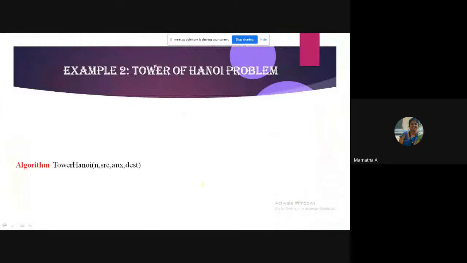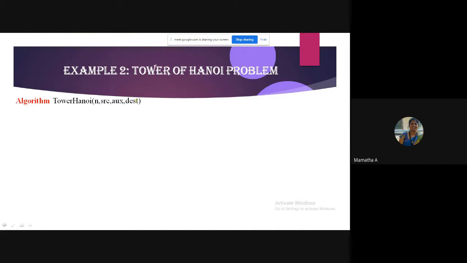Now moving on to the algorithm. I have written it taking 4 parameters: n number of disks, source peg, auxiliary peg, destination peg. What is the purpose of the algorithm?